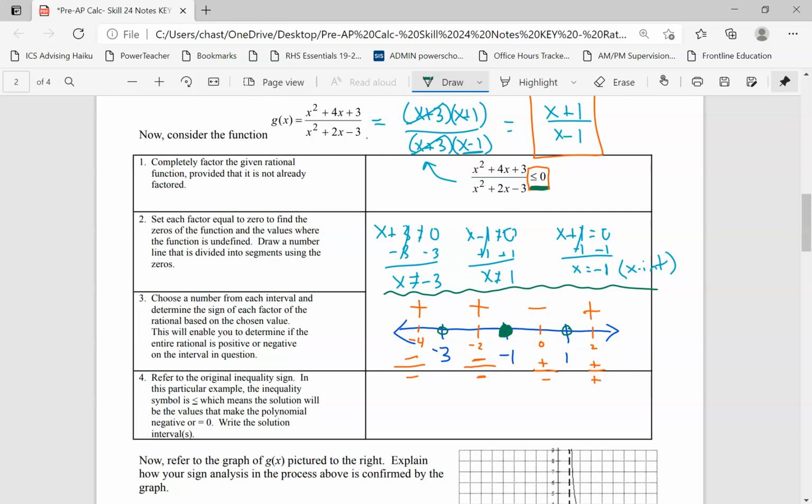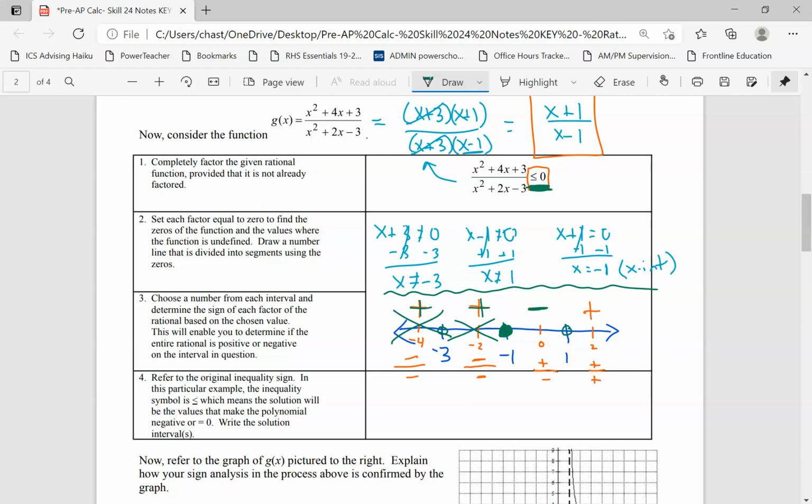Now, to answer the inequality, we want the interval that shows we have less than or equal to 0. In other words, we want to look for the negatives. This was a positive interval, so that's out. This was a positive interval, that's out.